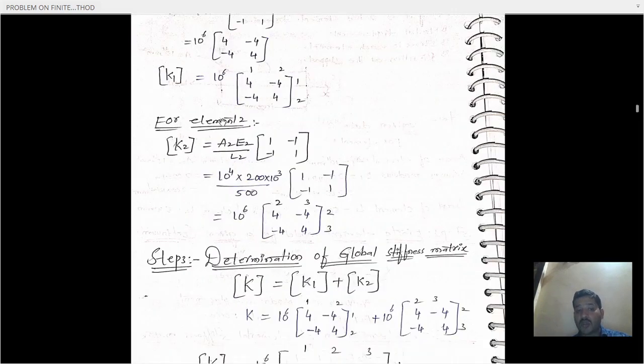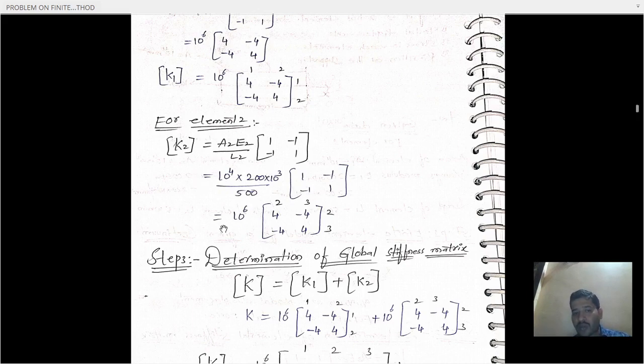If you want to consider element 2, we have to represent K2 equal to A2 E2 by L2, times [1 -1; -1 1]. A2 is 10 power of 4 as it is. E2 is the same, 200 into 10 power of 3, by L2 value, which is 500.